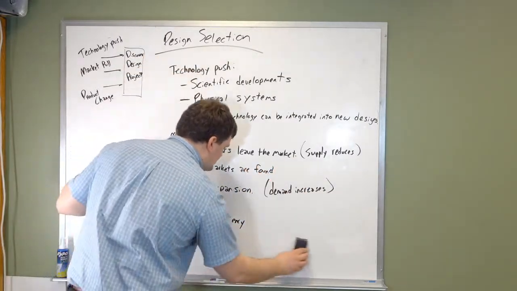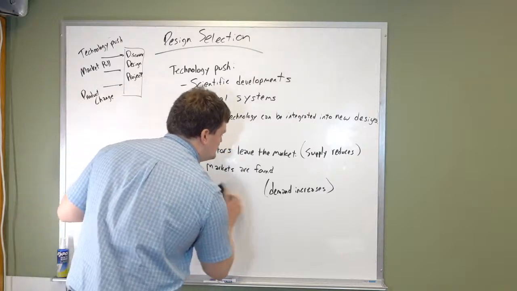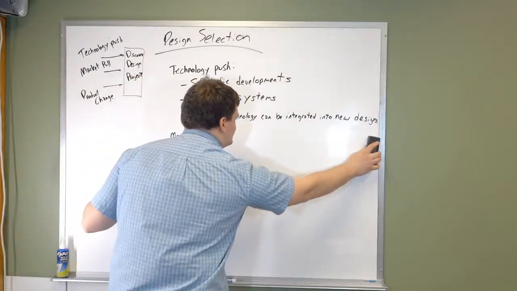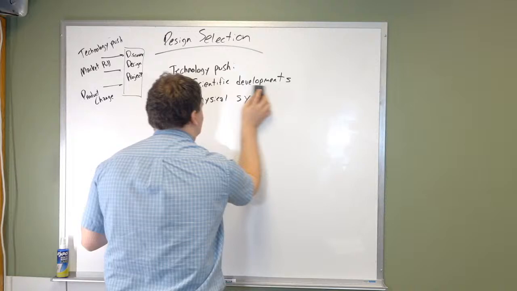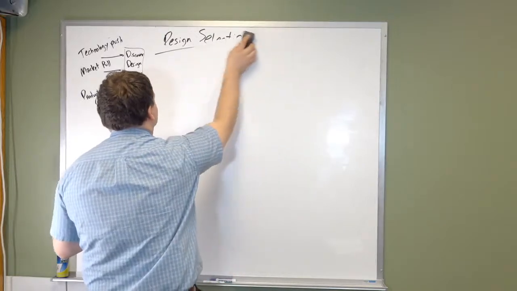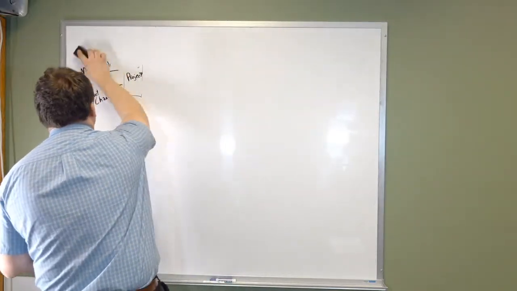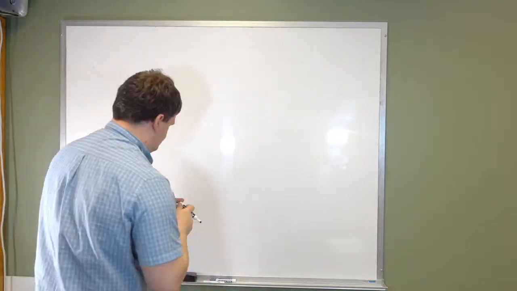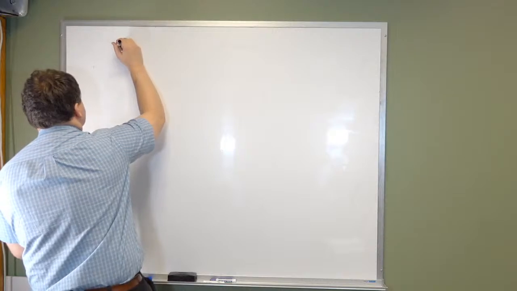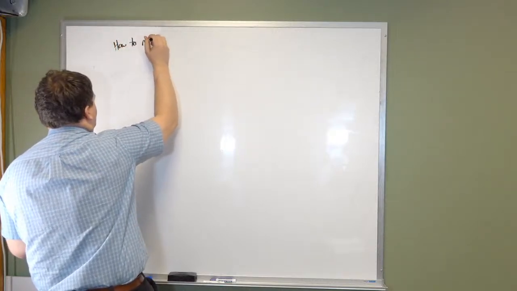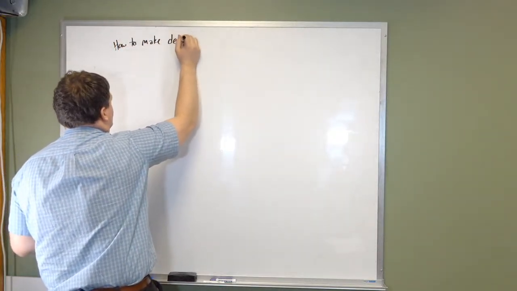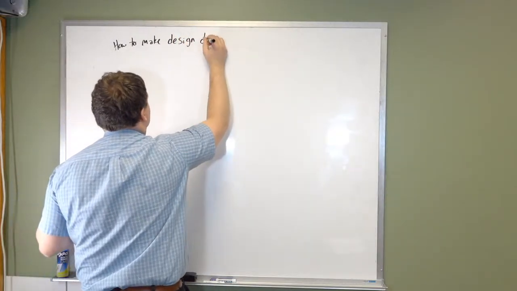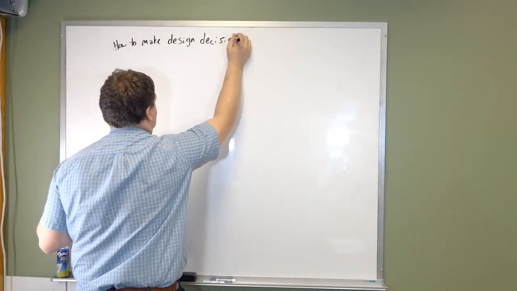Now, how do you actually pick what design to jump into? Well, that gets a little bit more challenging, so to speak. And this is really where we get into, how do you make design decisions?